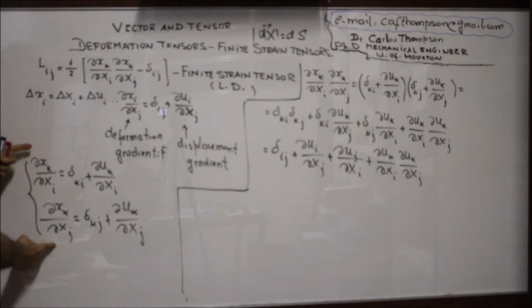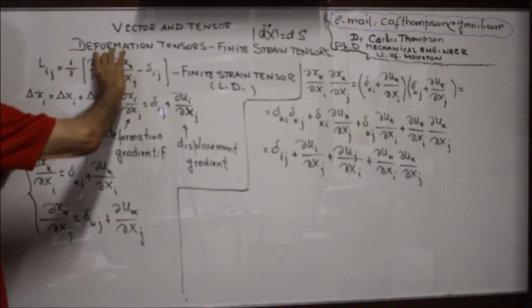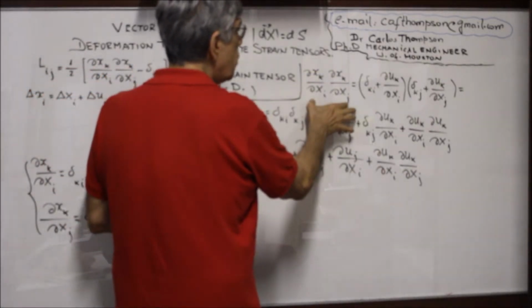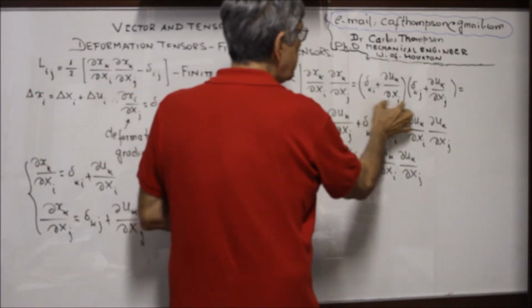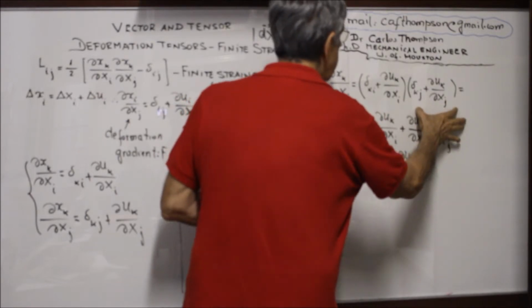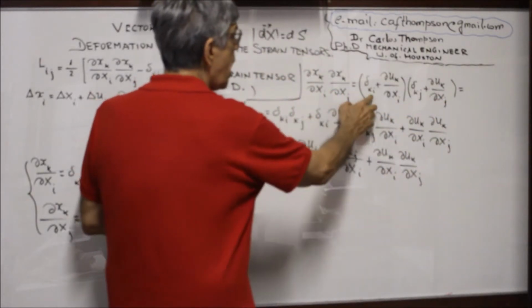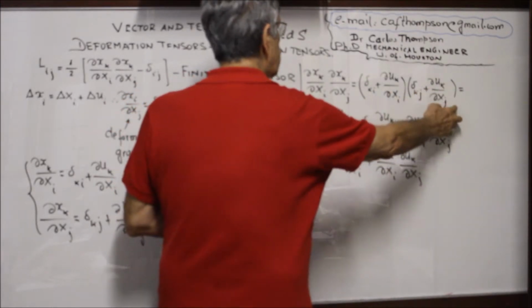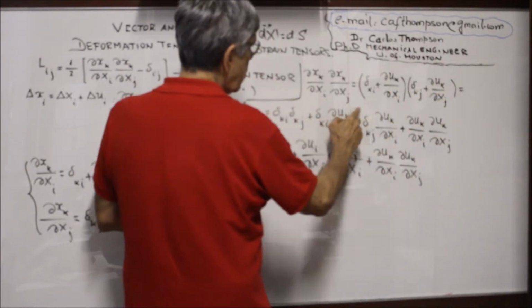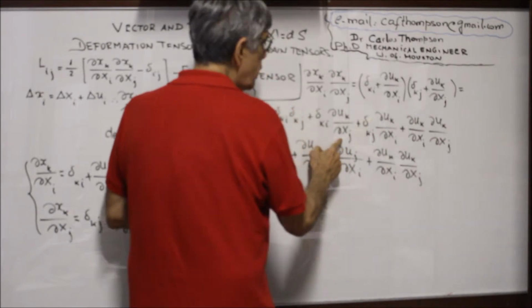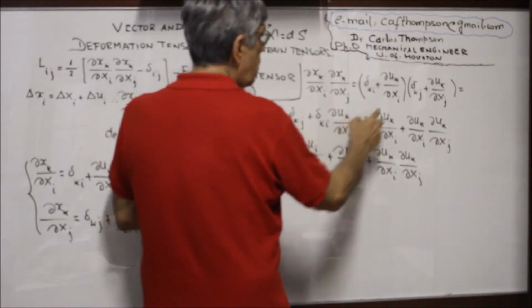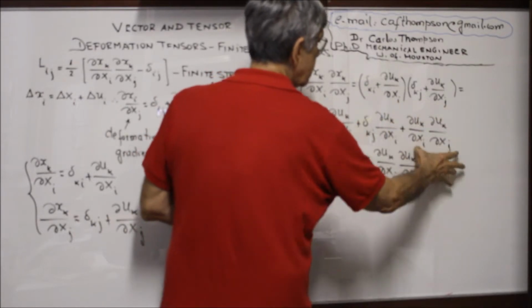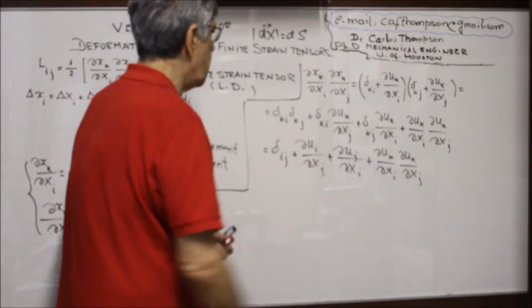Now let's multiply this times this. Let's develop this. This term over here, there's a sum, times this sum over here. So it's delta ki delta kj, plus delta ki multiplying the partial derivative of uk with respect to Xj. Now this times this is this, and this times this is this. It's quite simple.